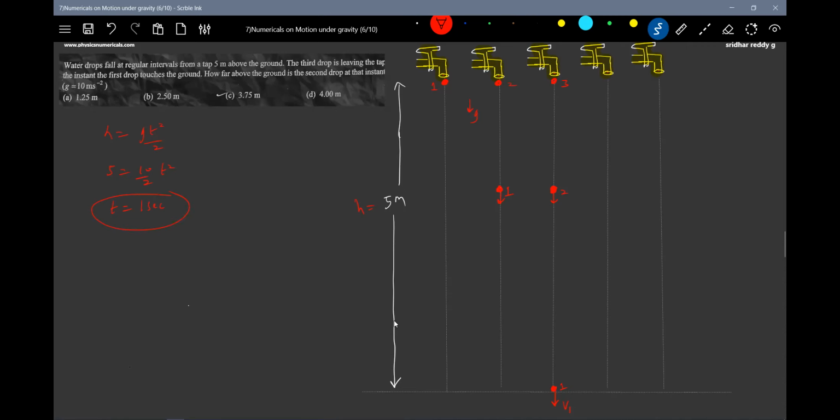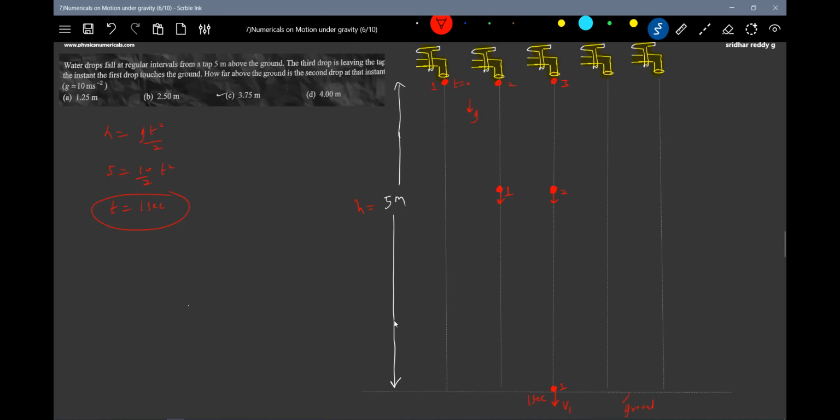So after 1 second, with t equal to 0 as the start, the first drop will go and strike the ground. Able to get this?